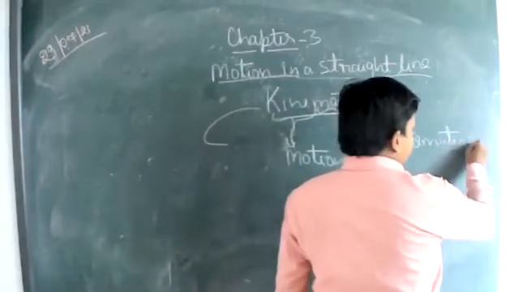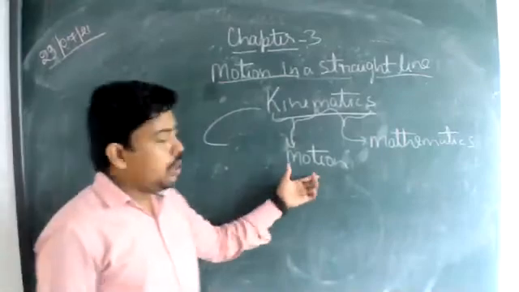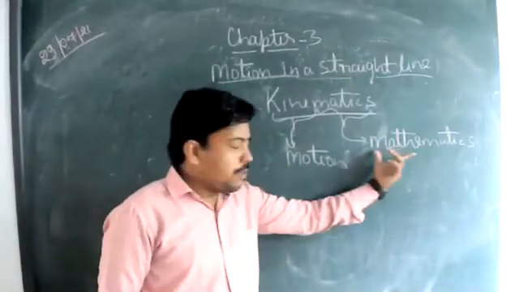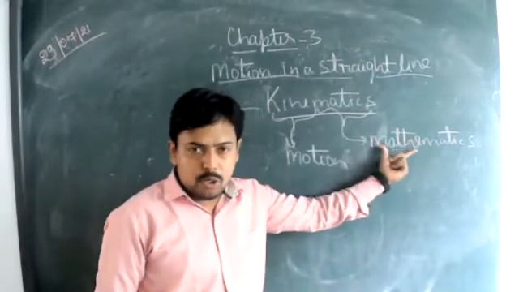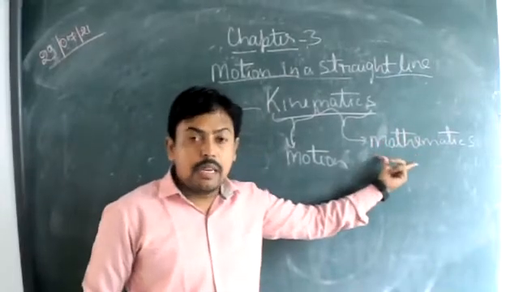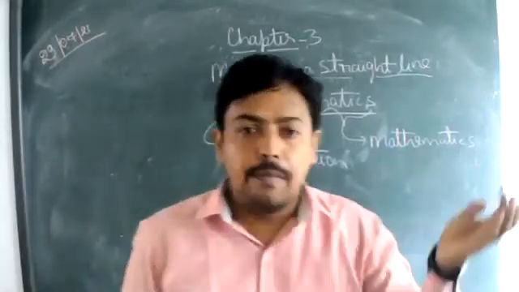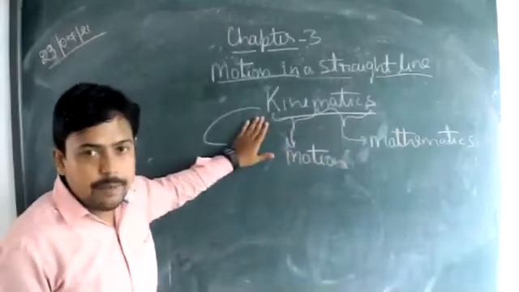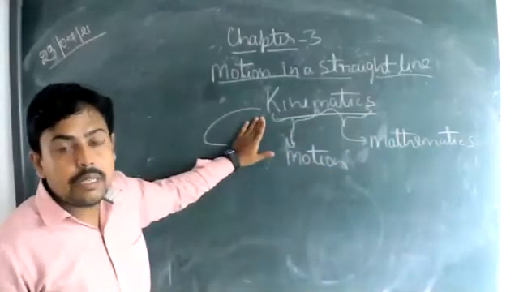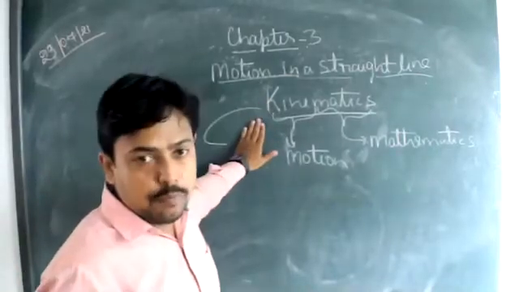That means we'll be studying the motion of objects with the help of some mathematical tools, because to learn physics, maths is also very important. A person dealing with physics should also have some knowledge of mathematics. You might know that in the previous class we studied equations of motion.